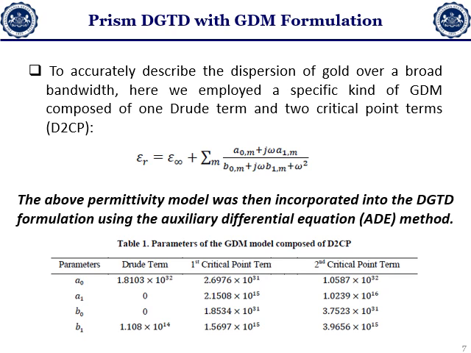And the Drude term and the two critical point term parameters are listed in this table. And this dispersive model is then incorporated into the DGTD formulation using the auxiliary differential equation method.